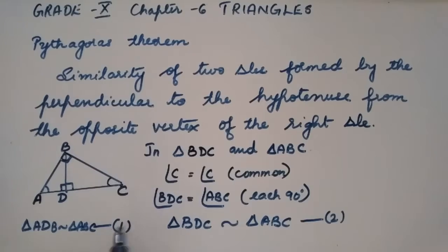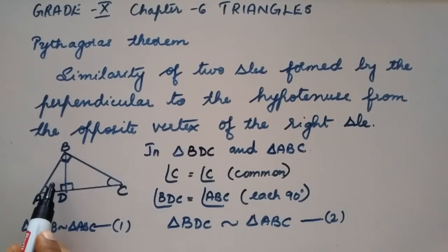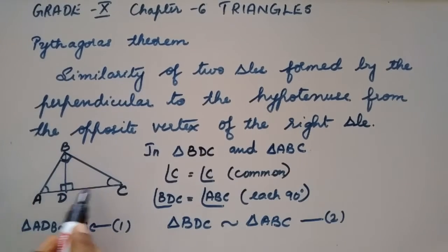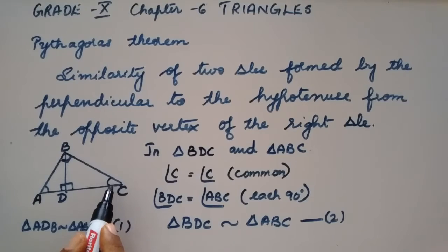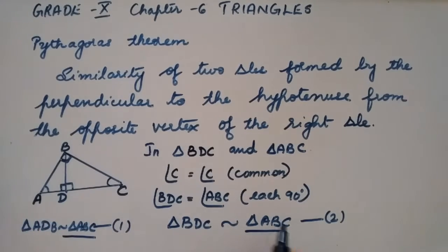So from 1 and 2, triangles ABD and BDC, which are on the sides of the perpendicular BD, are similar to triangle ABC, that is the whole triangle.